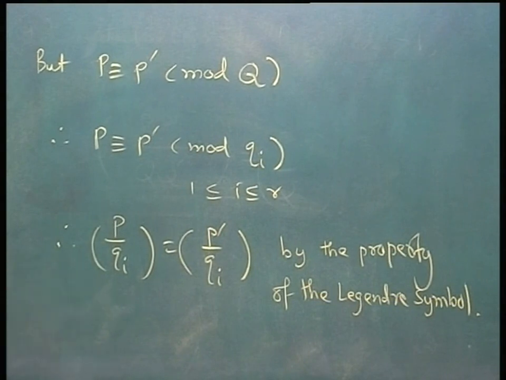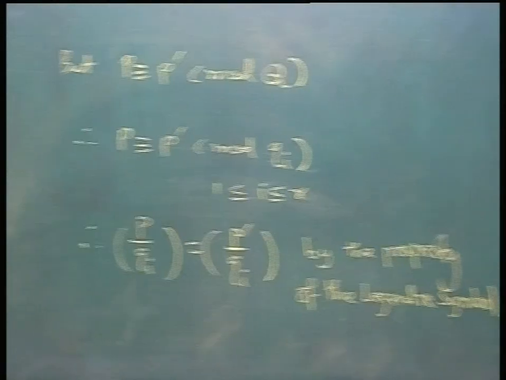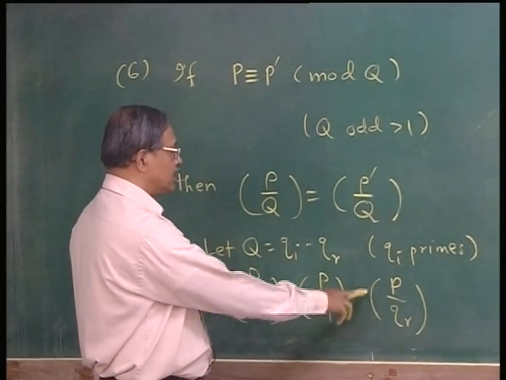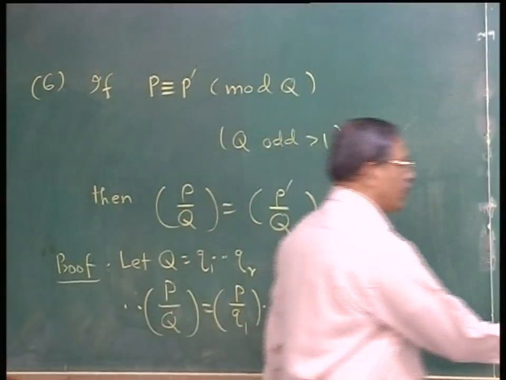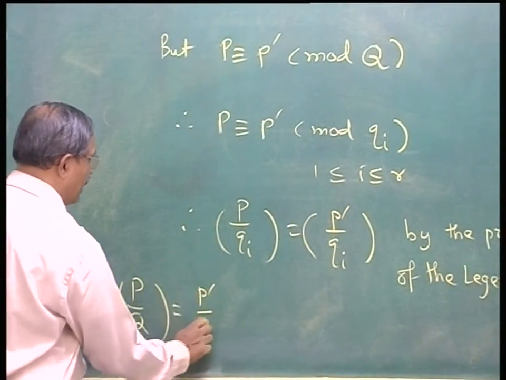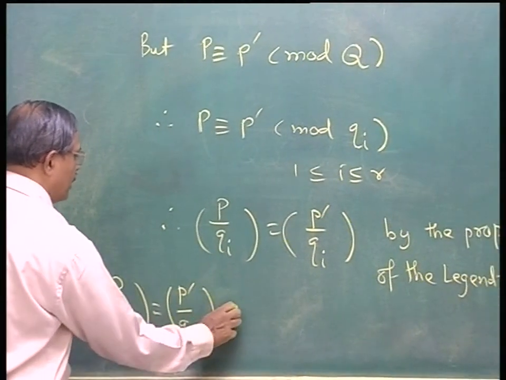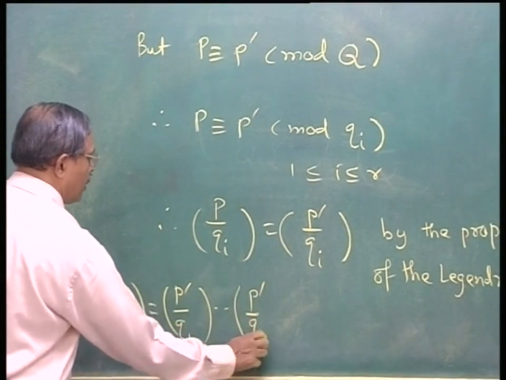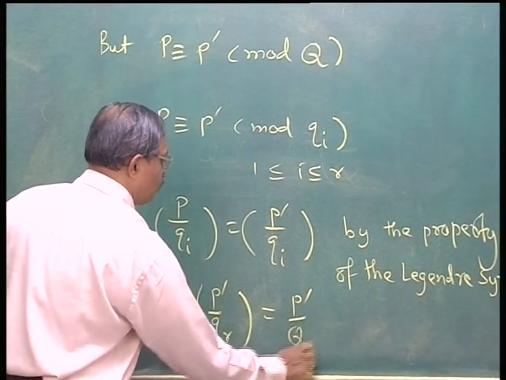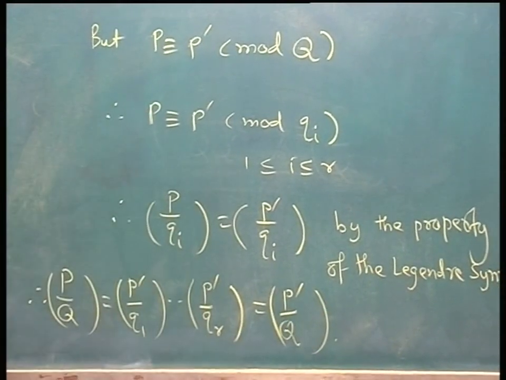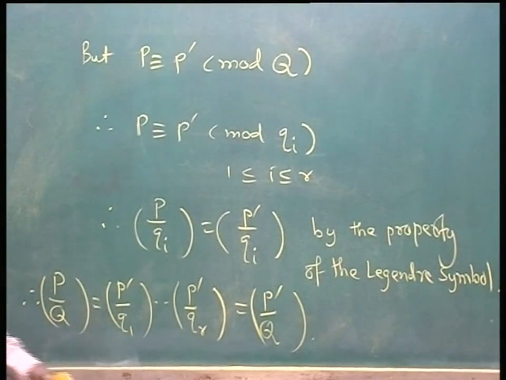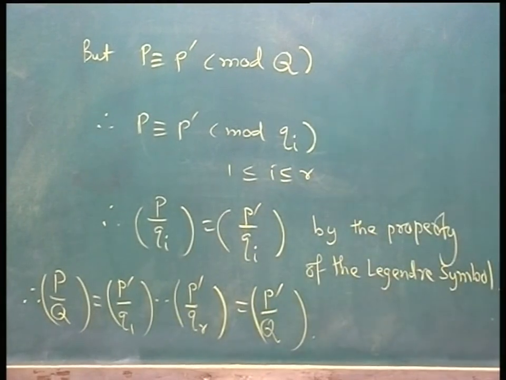If you use this property, (P/Q) will be equal to (P'/Q1), etc., (P'/QR). So that is the same as (P'/Q) by the definition of the Jacobi symbol. So these are very basic elementary properties of the Jacobi symbol.